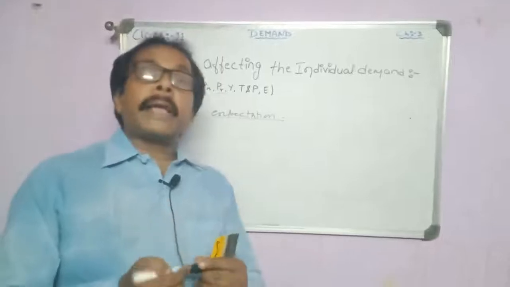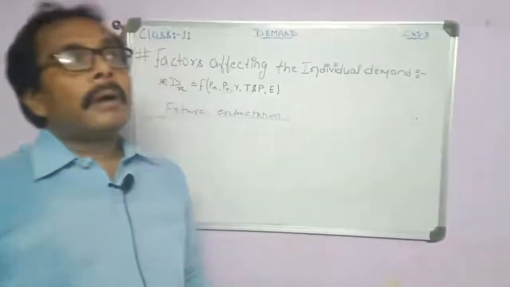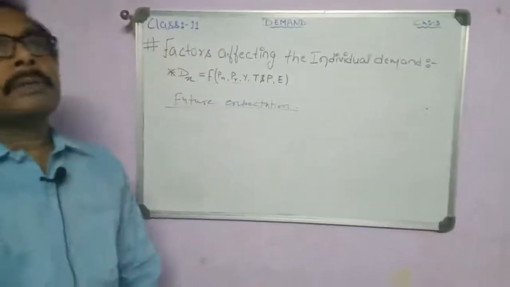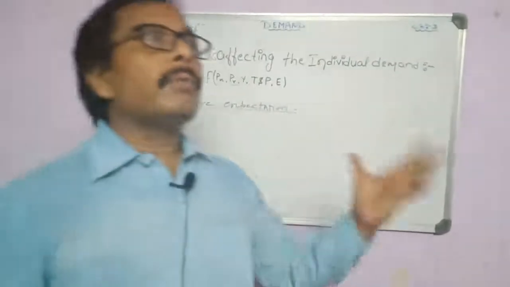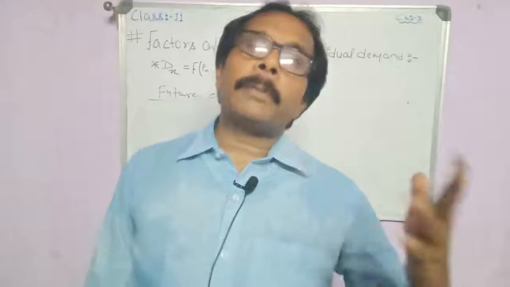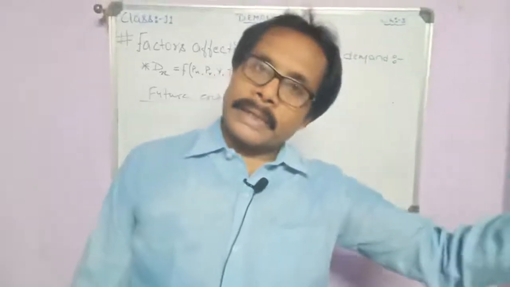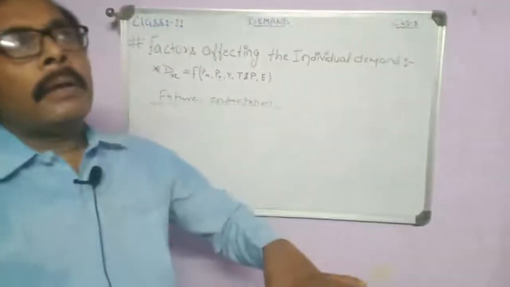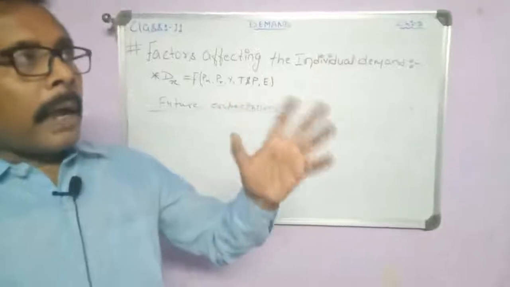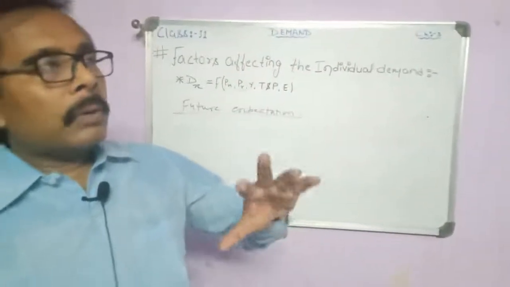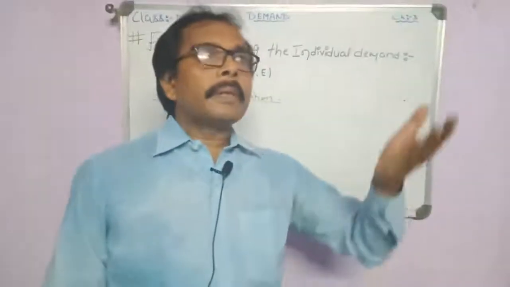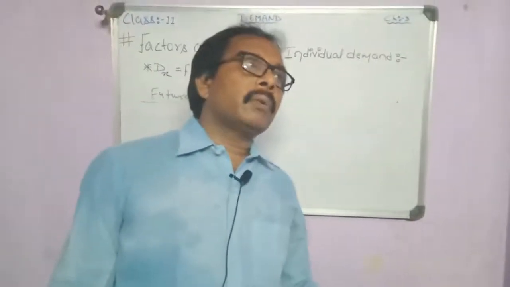Most of the time we have noticed that in the newspapers or in the TV news, from today onwards the price of the petrol is going to increase, or from night 12 o'clock the price of the commodity is going to decline.